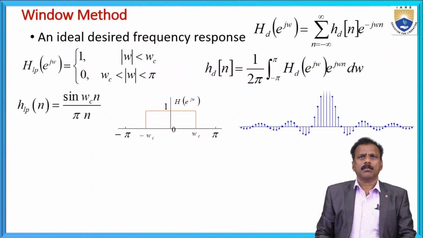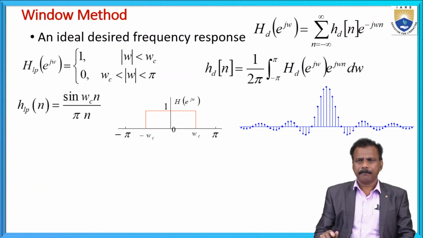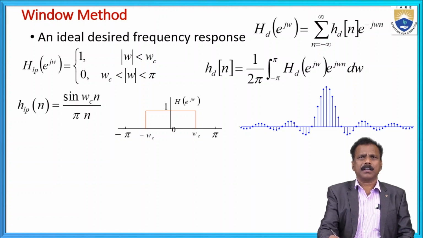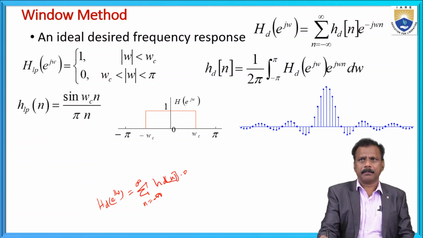In the window method, an ideal desired frequency response is Hd of e power j omega, equal to the summation from n equals minus infinity to plus infinity of hd of n into e power minus j omega n.